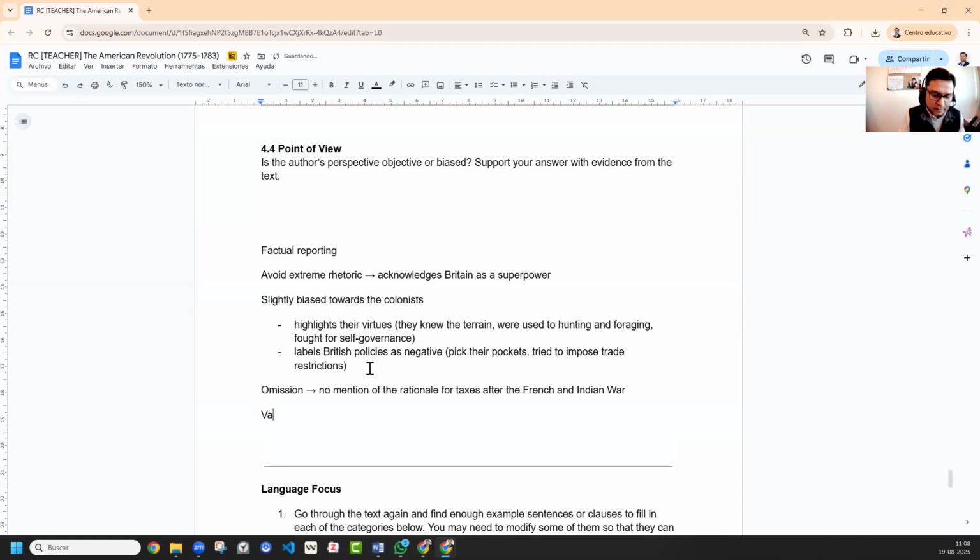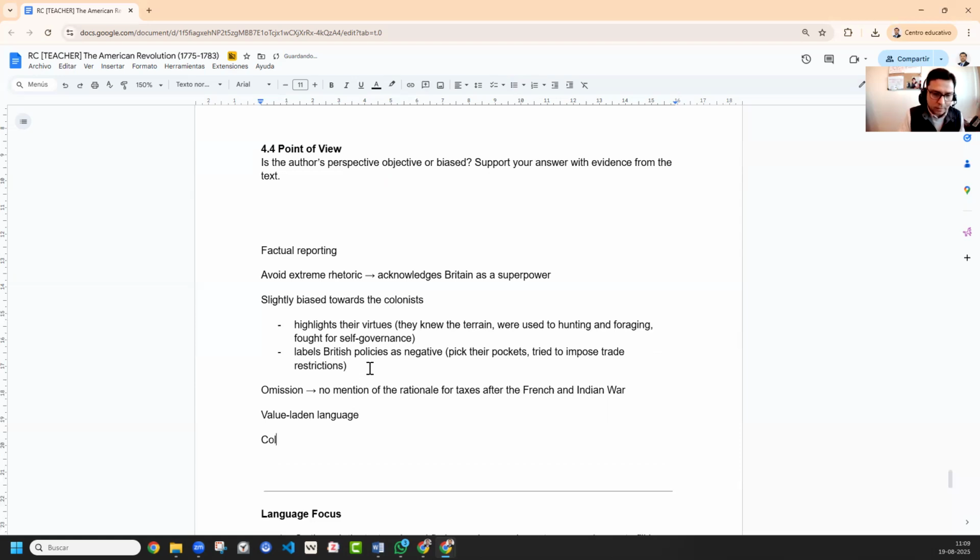As we've already said, there is also value-laden language. So, for example, when he talks about the colonists' motives, the author uses words like heroism, cunning, and achievement. And then for British motives, there is implied greed.